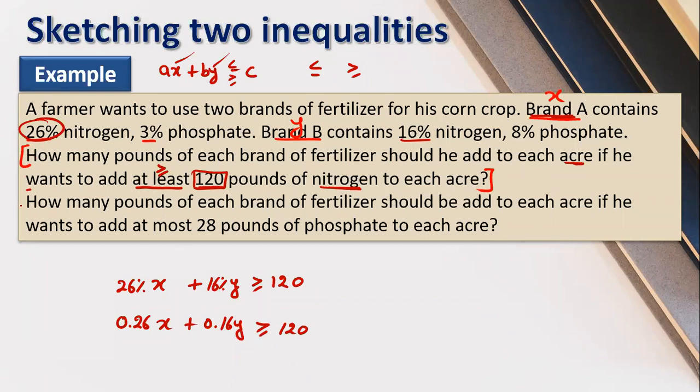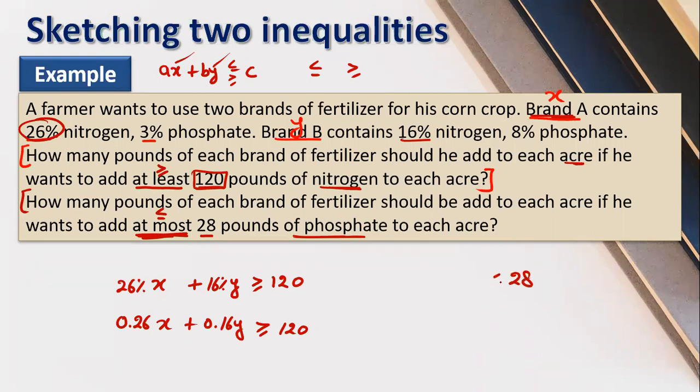In the second part: how many pounds of each brand of fertilizer should be added to each acre if he wants to add at most, less than or equal to, 28 pounds of phosphate. So the restriction on the phosphate is we cannot consume more than 28 pounds. So c we know, it is 28.